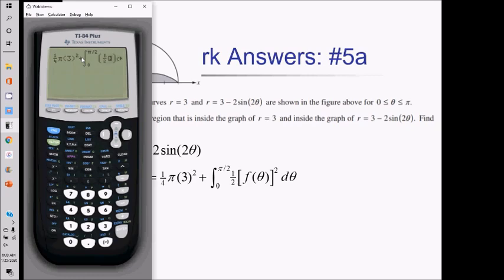And now we've also got the f function here, which I stored in R2. So I'm going to do alpha trace, and that brings up my y-vars menu. That's R2. Square that. Stick a theta in there. Press enter. And we have a grand total of about 9.708 if we round off.